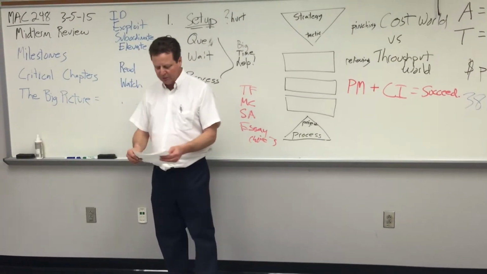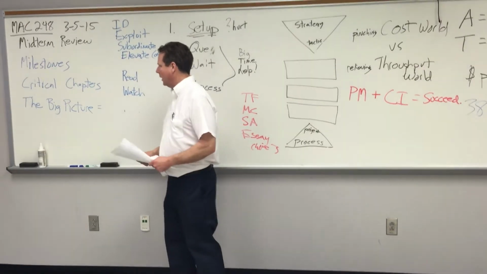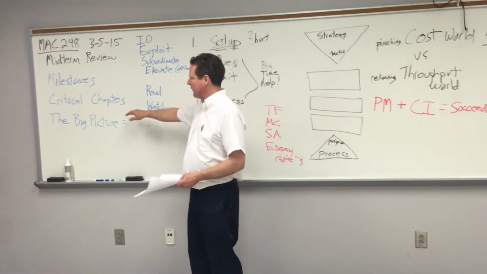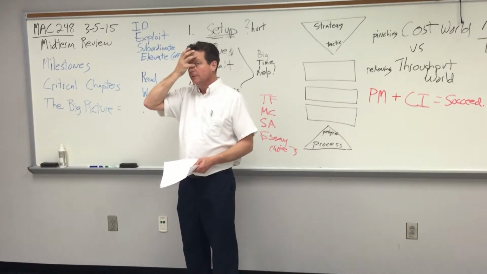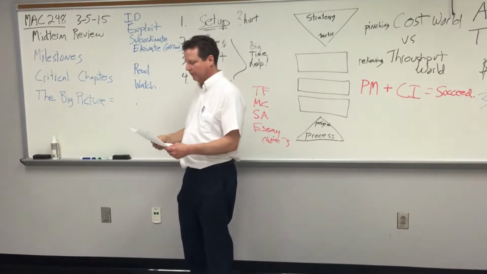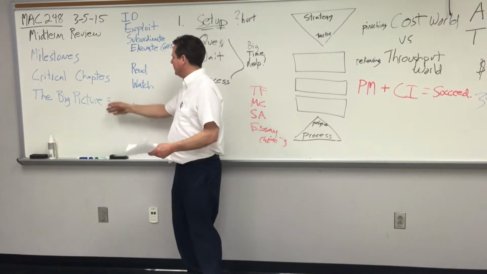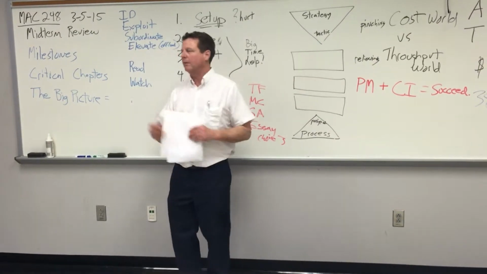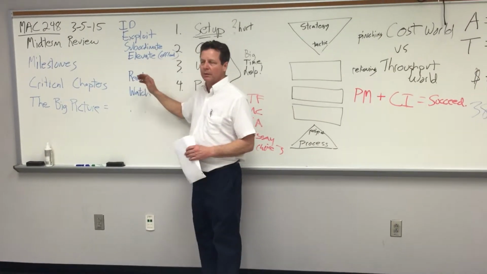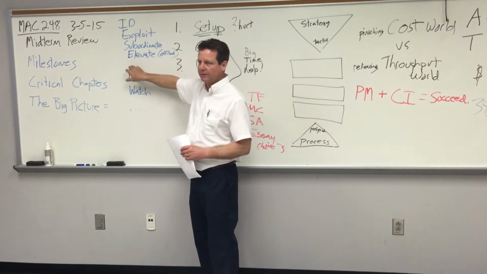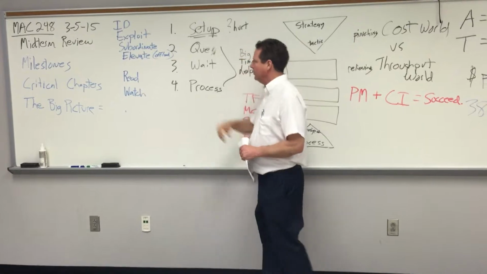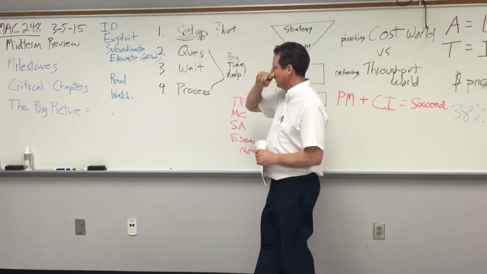The critical chapters in the book, I told you, are mainly the ones that deal with the execution and measuring and control phase of those two major improvements. And the big picture in the end was, well, before I get to that, how can you pass this test? Well, you can know the basic parts of the theory of constraints. You'll remember the 4 setup times.